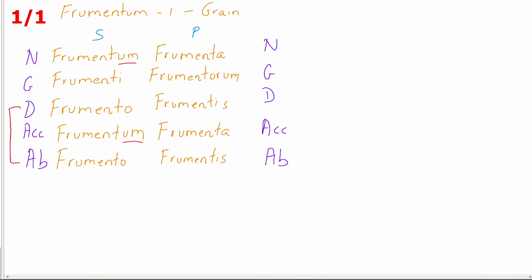Dative and ablative will have the same endings. Dative and ablative plural also will have the same ending, whereas nominative plural and accusative plural will have the same endings.